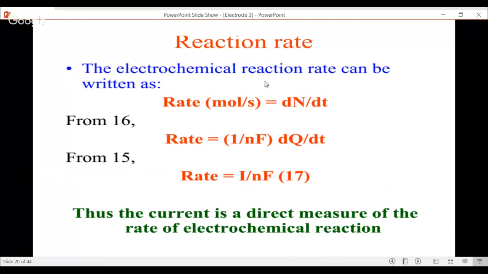The electrochemical reaction rate can be written as moles per second, so dN by dt. dN is the number of moles, dN by dt is simply the rate. Now converting it into electrochemical units, rate will be equal to 1 by nF into dq by dt.